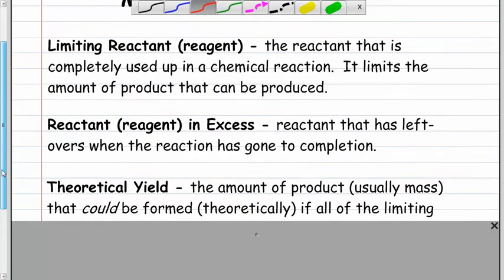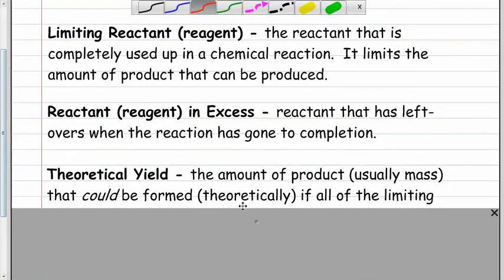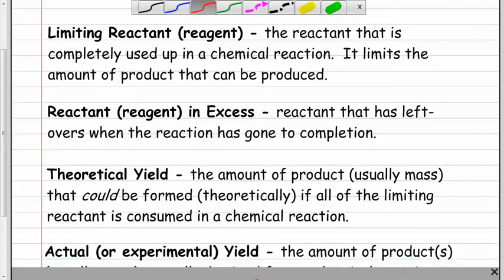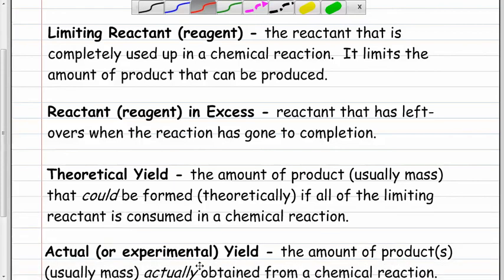It's very important to understand that limiting reactants are the reactants that limit the amount of products that you can make in any chemical reaction. Theoretical yield is always calculated from the limiting reactant because it is the amount that theoretically could be formed from the limiting reactant if all of the reactants were converted into products.